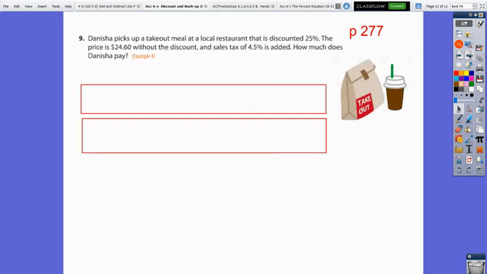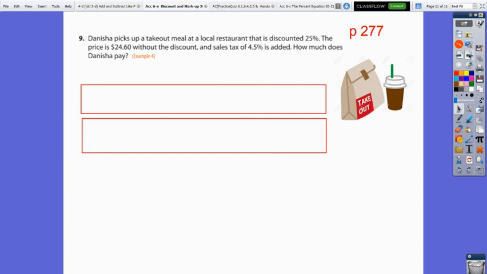All right, last one, I think. Denisha picks up a takeout meal at a restaurant and is discounted 25% off. The price is $24.60 without the discount. That's the original price. And the sales tax of 4.5% is added, and sales tax is always added on the sale price, on the discounted price.